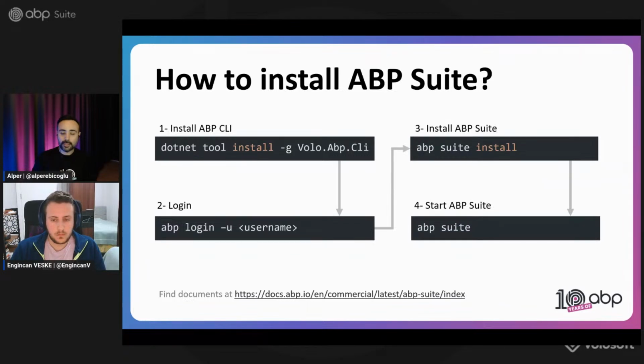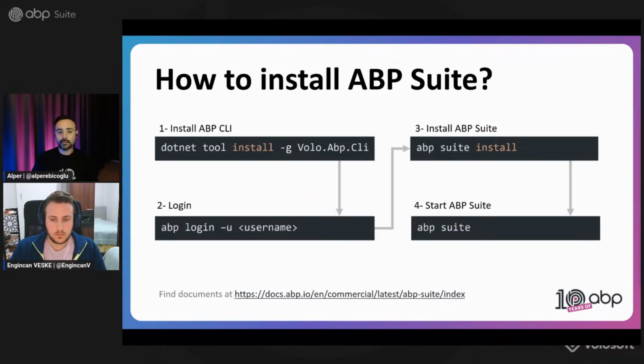Let's check how we can install it. To install it, you need to first install the ABP CLI tool. This is like a .NET global tool. And second, you need to log in to your ABP Commercial account, which you already have as a developer and member of your organization. And third, you need to install ABP Suite by typing abp suite install.